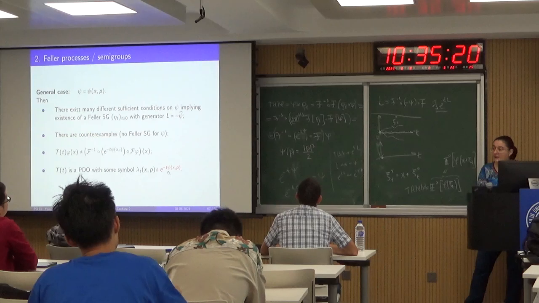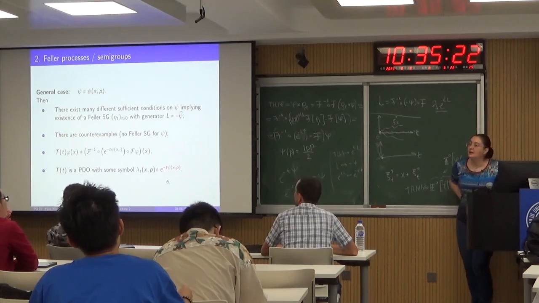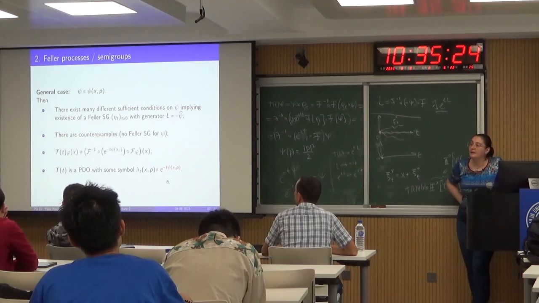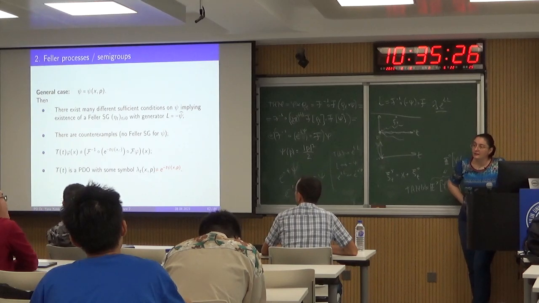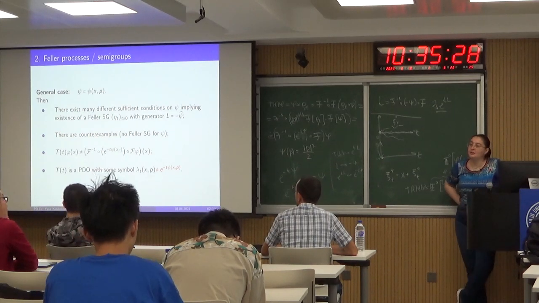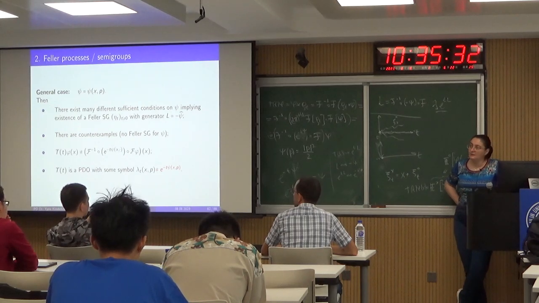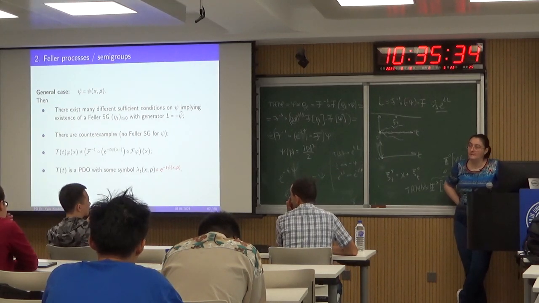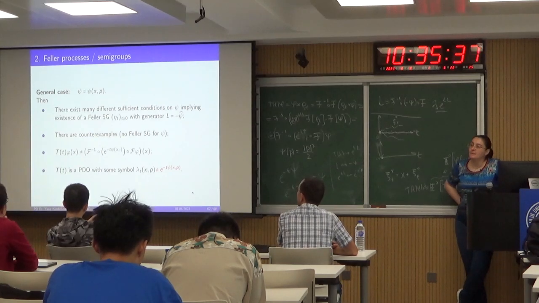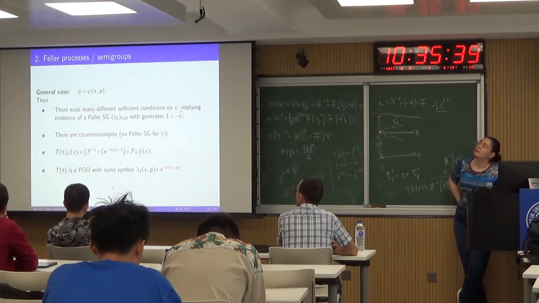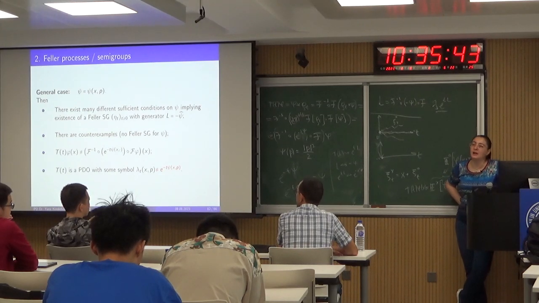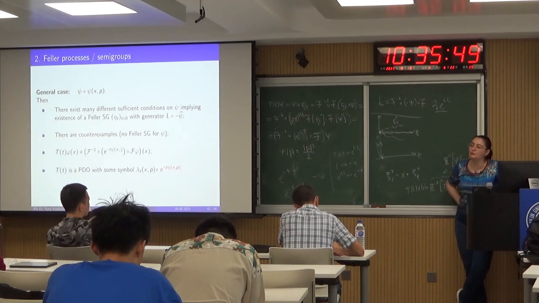So when you say that's a counterexample, do you mean it doesn't correspond to any semigroup, not necessarily Feller? Feller means a semigroup with some continuity. Well, the counterexamples I meant were about processes, so Feller semigroups, semigroups generated by some processes.